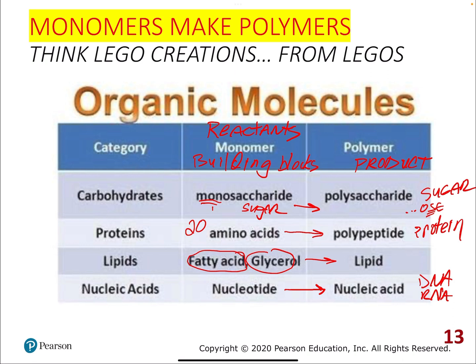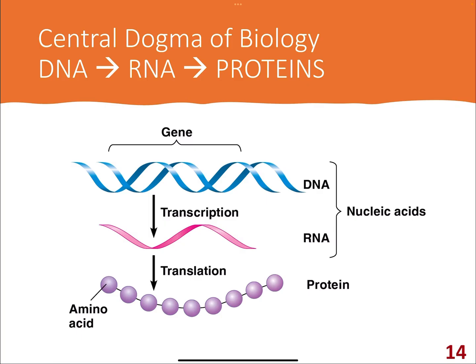Those are sugars, and that's what a carb is. Carbs are sugar for energy. Fats are big energy storage. Nucleic acids build our genetic code. Proteins build our structure of so many things.